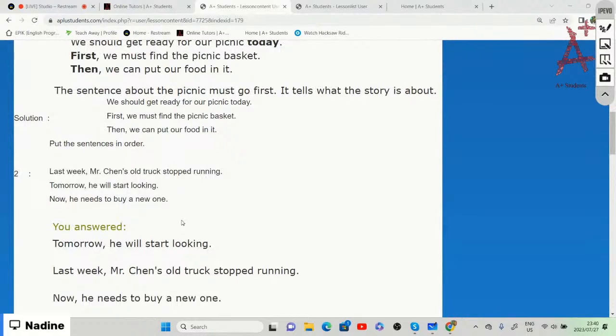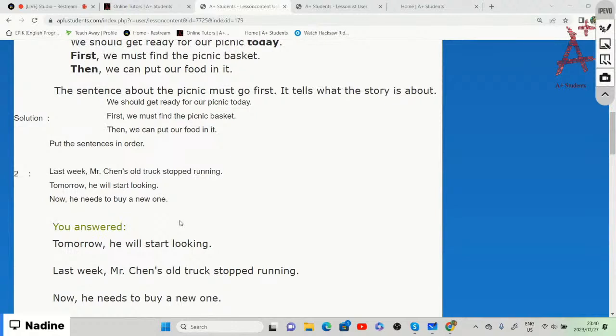So, we need to put the sentences in order. And if we put the sentences in order, where are we going to start? We can't start with last week, or we can't start with tomorrow.